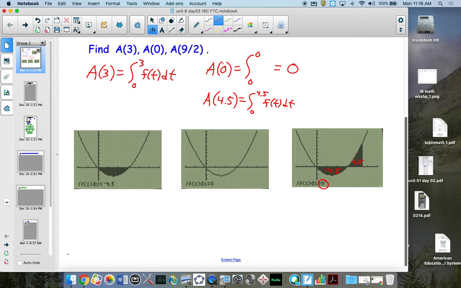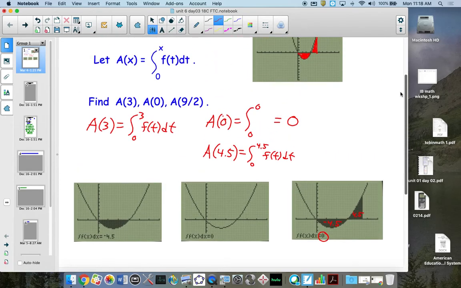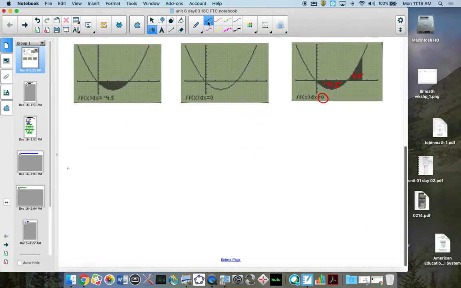So what I'm curious about is, what if we had done this for a whole bunch of values? So let's take our function, which was t squared minus 3t, and let me write that down.